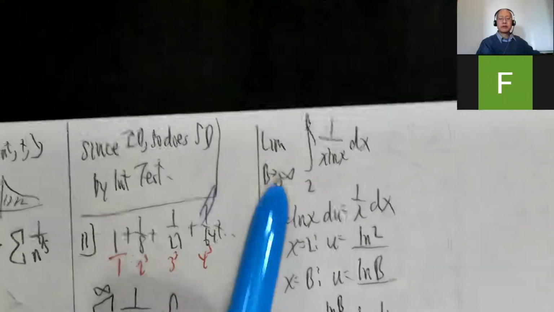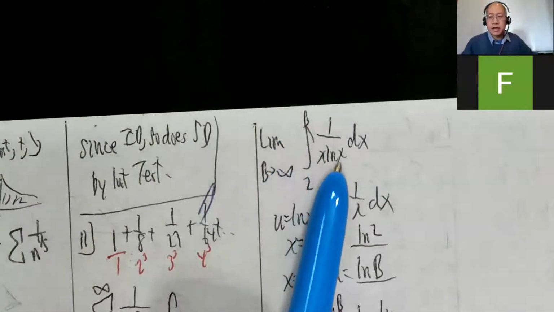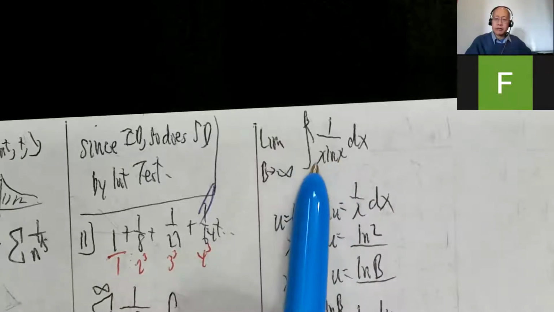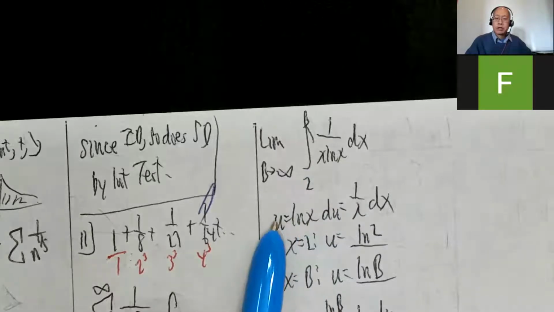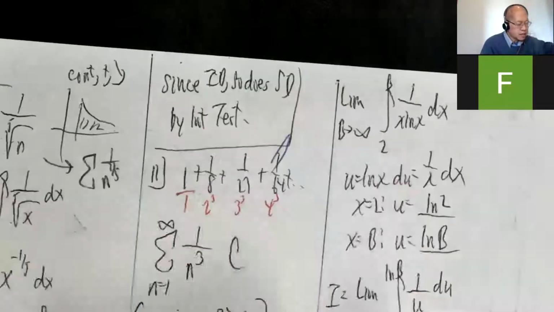Right. So limit b approaches infinity, integral from 2 to b, 1 over x ln x dx. I do see a function and its derivative. The derivative of ln x is 1 over x. So it looks like a good u substitution. u equals ln x. du is 1 over x dx. It's 1 over x there.